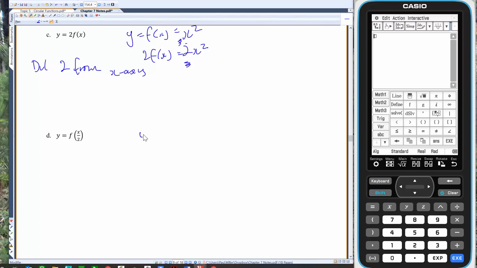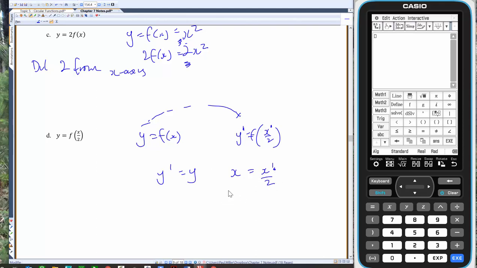If I start with the function y equals f of x and move to the new function y equals f of x on 2, I call the first the original function and this the image function. Now I do a process I call pairing up. So I've got y dash is equal to y, and x is equal to x dash on 2.